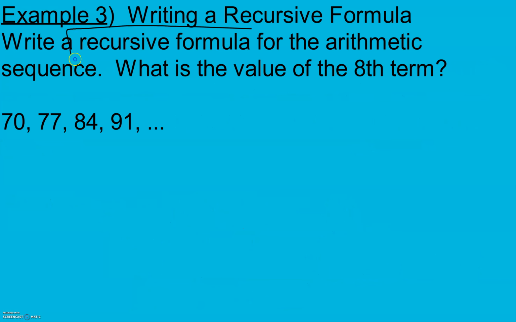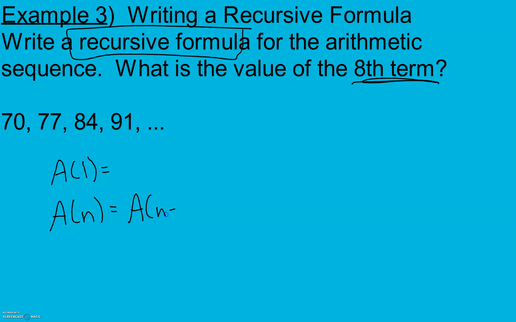We're going to find a recursive formula and then the value of the 8th term. So first for my recursive formula, remember it's always the value of our first term, and the value of any term is going to be the value of the term before it plus our common difference. So here my first term is 70, and my common difference is a positive 7, we add 7. So this right here is everything I need for my recursive formula.